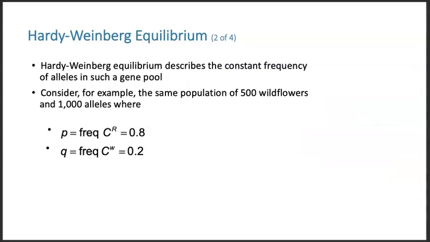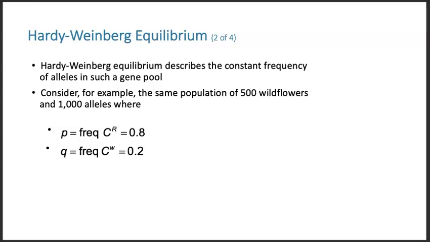And so let's take a closer look at this concept of Hardy-Weinberg equilibrium. We're going to start out with the ideas that we've talked about before, right? We're talking about alleles that are consistent in frequency in a gene pool.